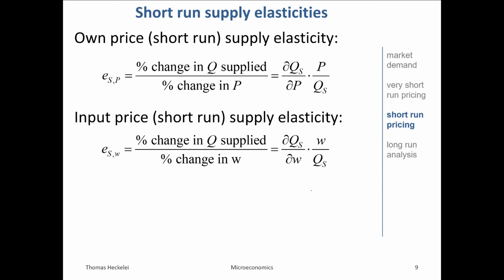For that, we will take the first derivative of the supply with respect to W, the price of the variable input, not cost, let's say price precisely, times that input price divided by supply again.